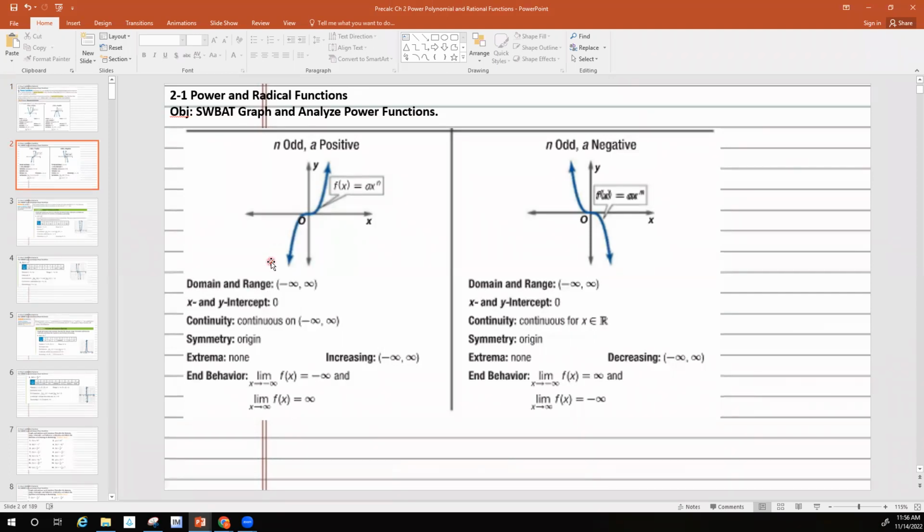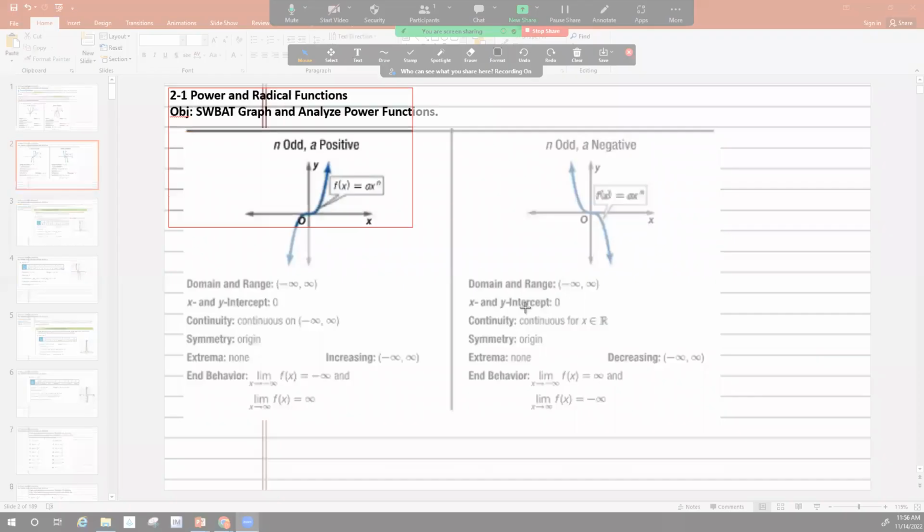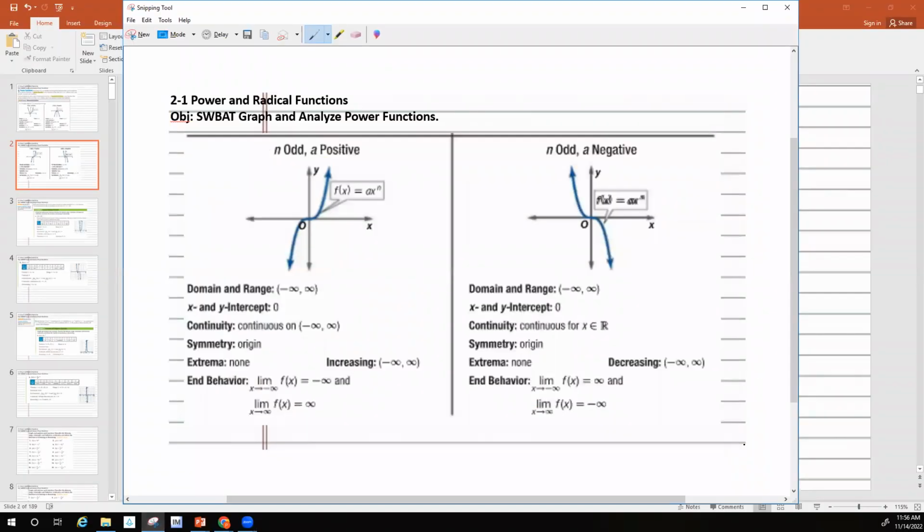Negative, as you go to the right, it's going down. That's the way to remember it. As you go to the right, positive is going up. As you go to the right, negative goes down. And there you have the domain and range and all that stuff there.